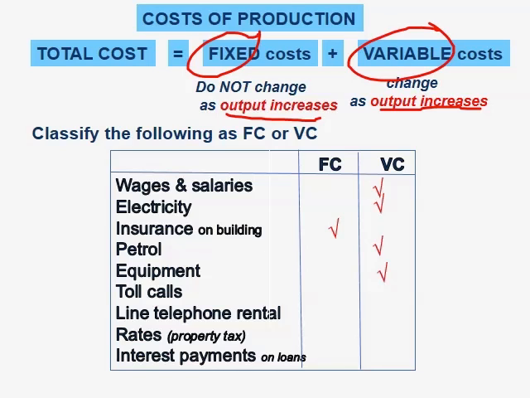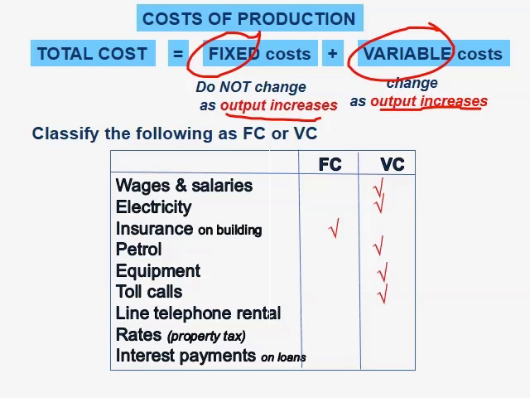Toll calls, more students coming here means ACG will be probably doing more calling home in China. So remember, a toll call is a call outside the region. You have to pay for it directly for the minutes that you use. So more students, more toll calls, so variable.